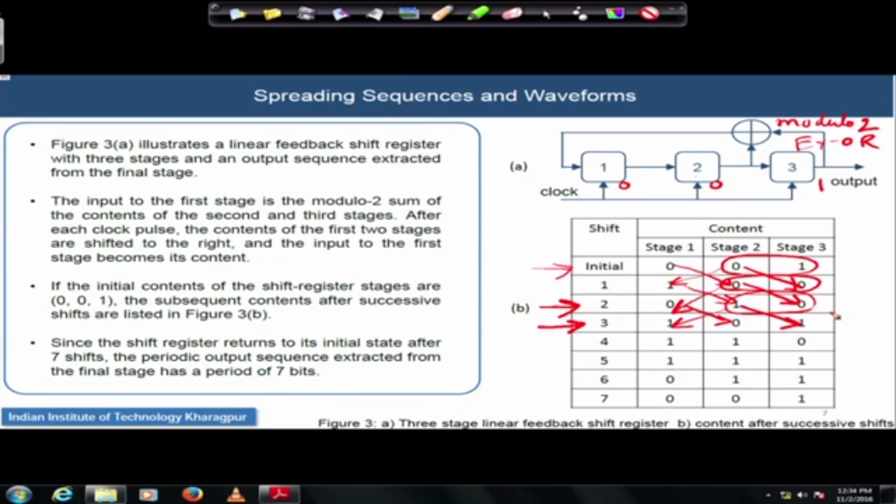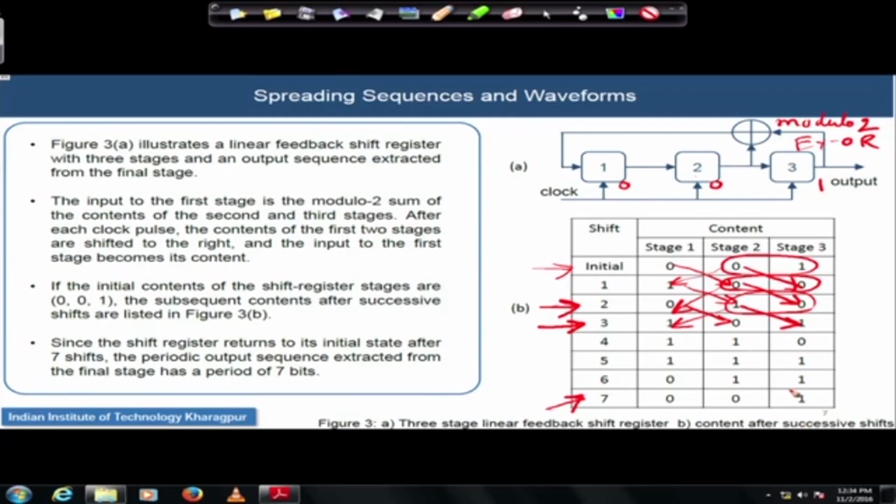Remember one thing: when the clock pulses come one by one, at the end of the 7th clock pulse, the value stored in the memory repeats the initial state.